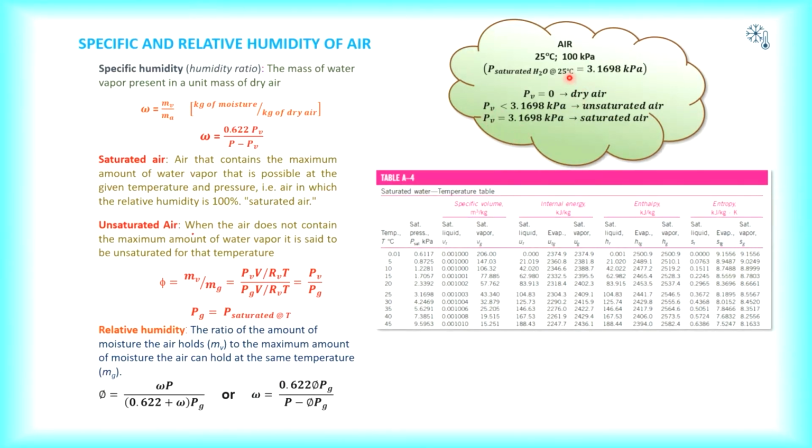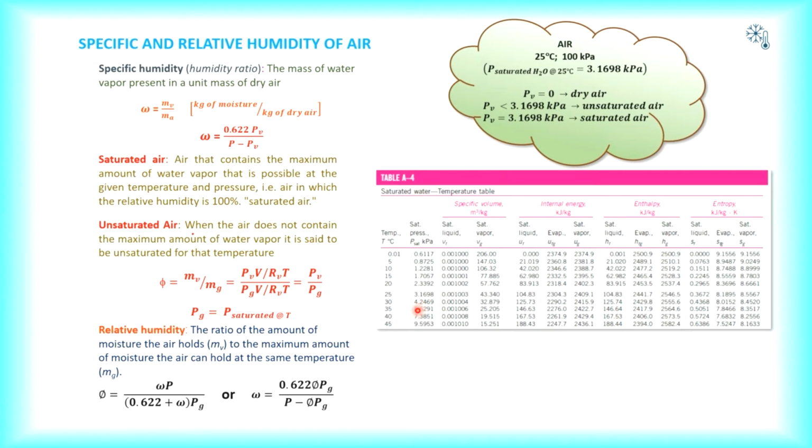So let's say, for example, I give you 30 degrees C. At 30 degrees C, the saturated pressure is 4.2469 kPa. That would be the partial pressure of water vapor when the air is saturated.